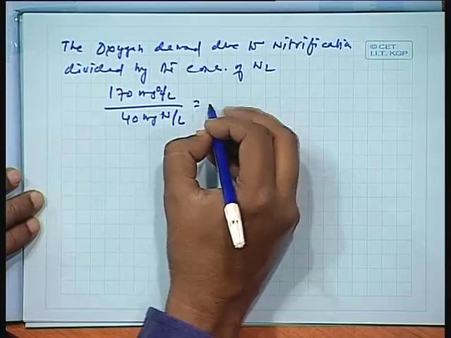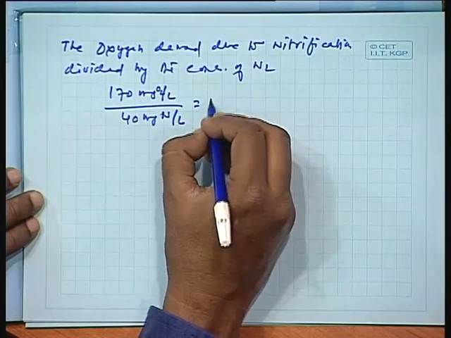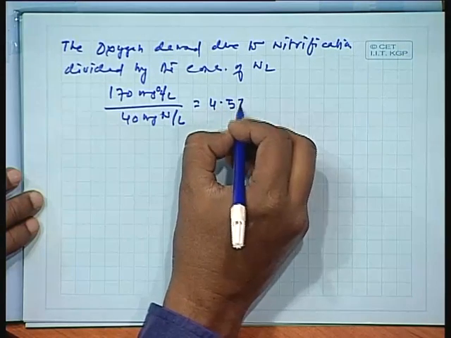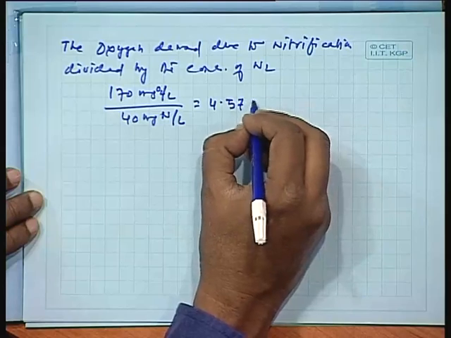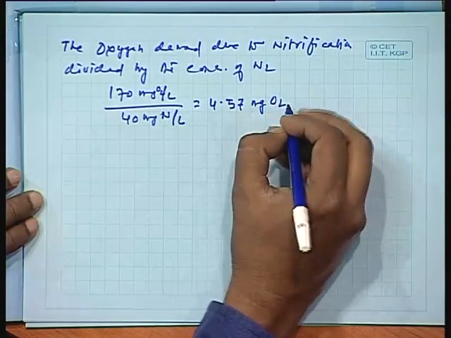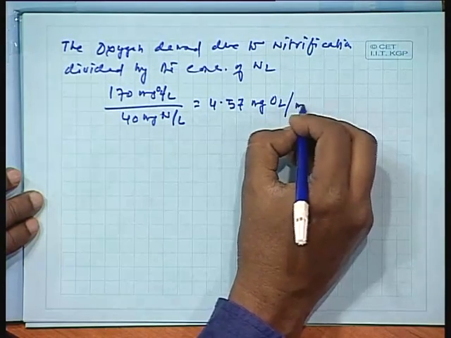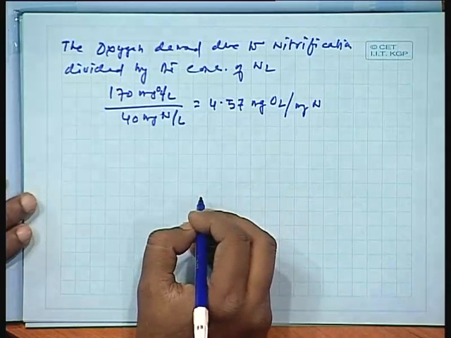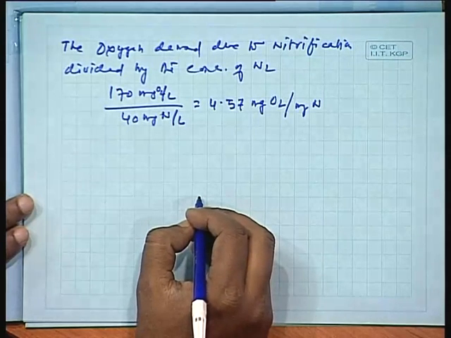So we find that we would require 4.57 milligram of oxygen for every milligram of nitrogen present in the water.